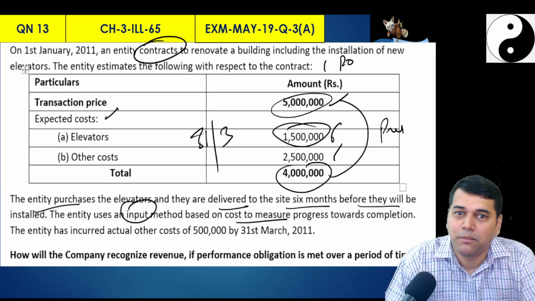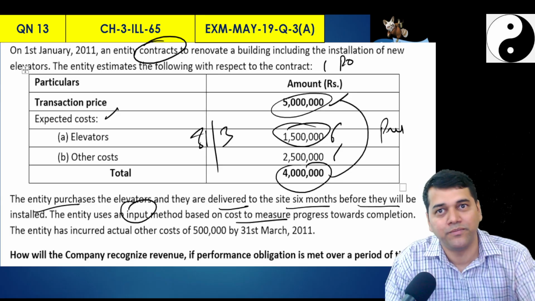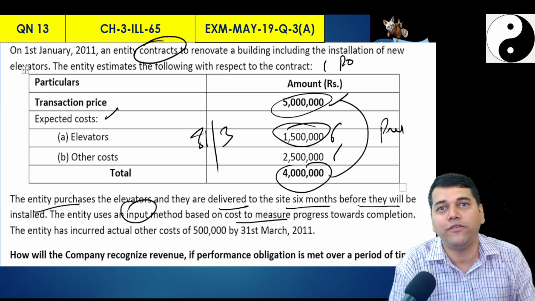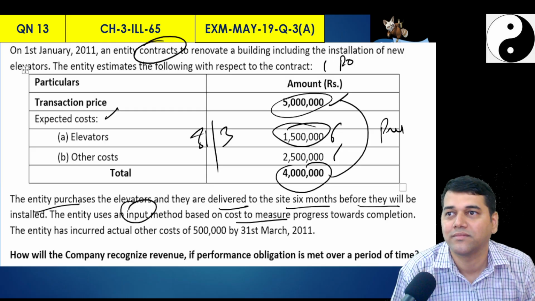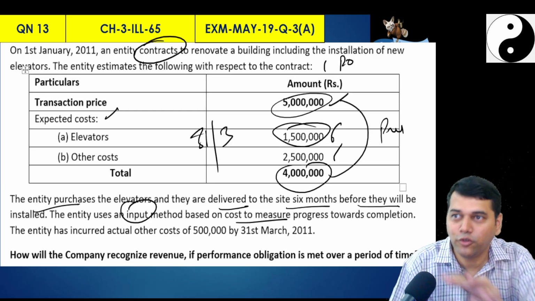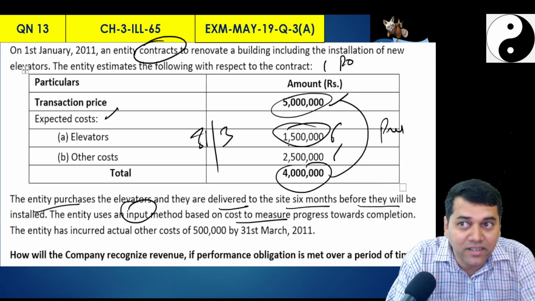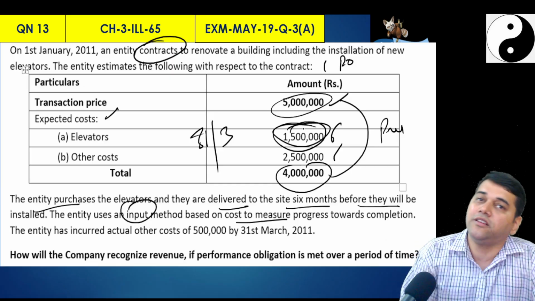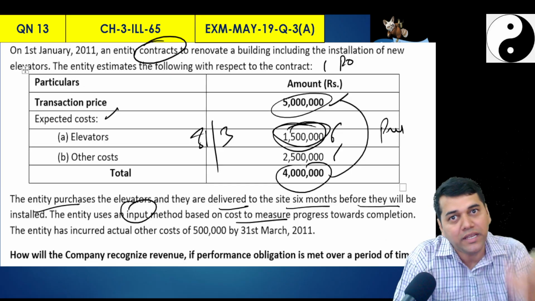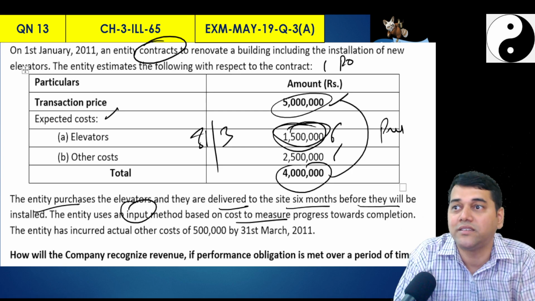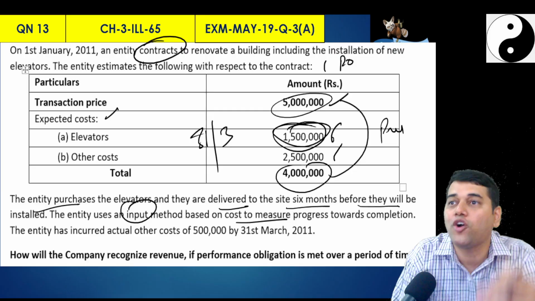Because of this, my percentage of completion is going to shoot up and I end up recognizing more revenues. No, I should recognize revenue. I cannot leave this from revenue recognition. The standard says that it is a normal cost only, but if you incur it prior, then you recognize revenue to the extent of cost incurred.